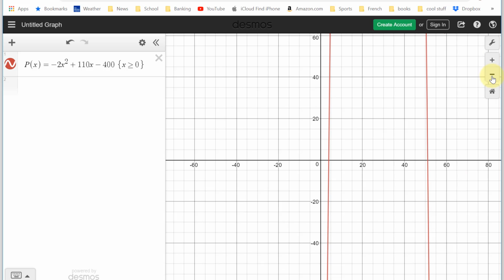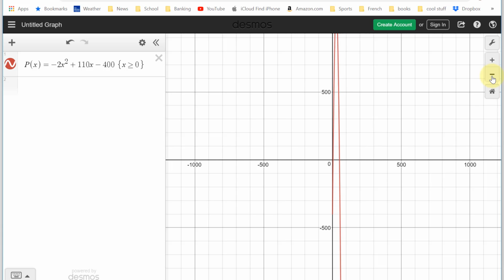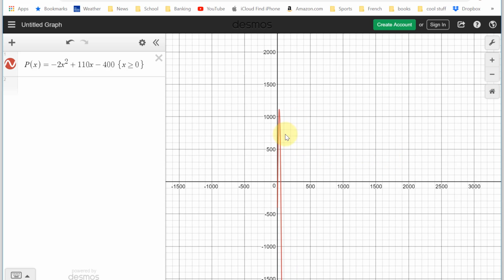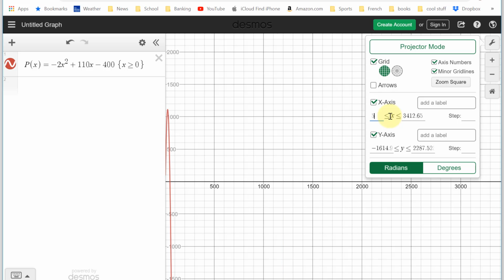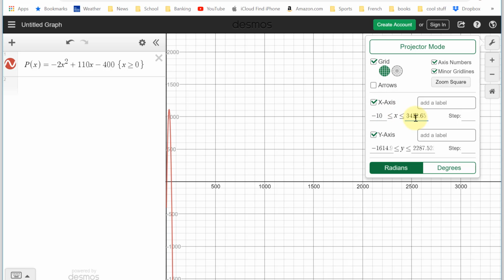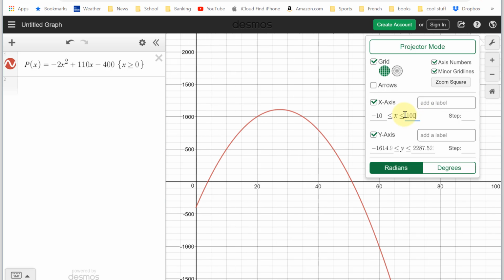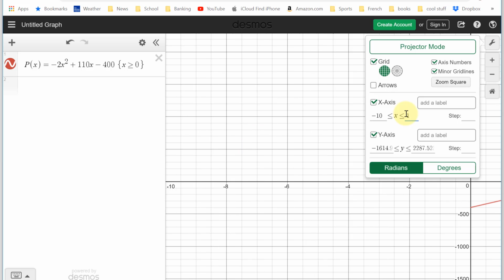Well, this is just not a real good scale for this situation. So let's adjust the scale. Since that point we already know is an x-intercept, it was around 50 something. Let's go from maybe -10, just because something like that would allow me to see the vertical scale. So -10 to maybe 100. Let's start with that, see how that looks. Okay, that looks pretty good. We could maybe make it like 80.